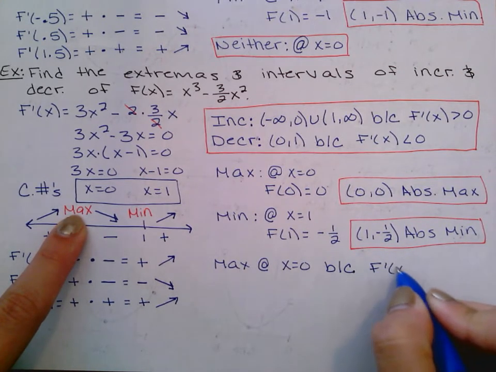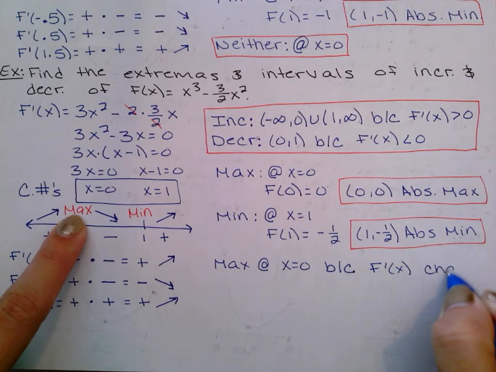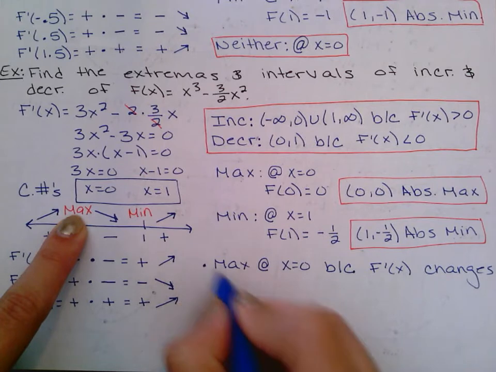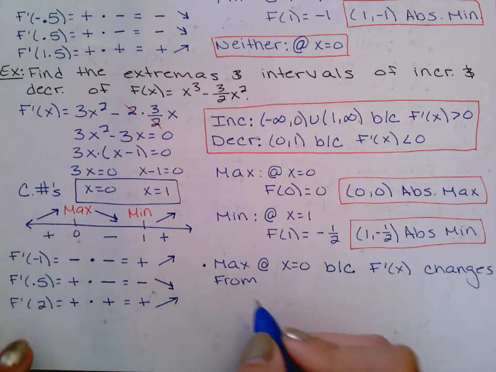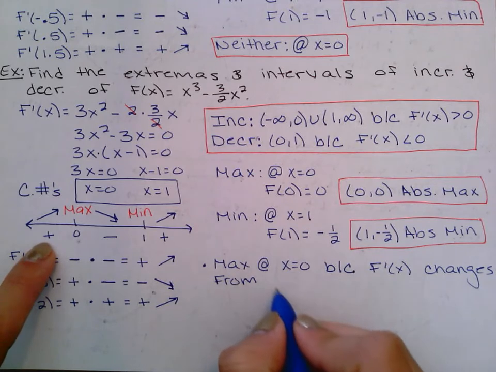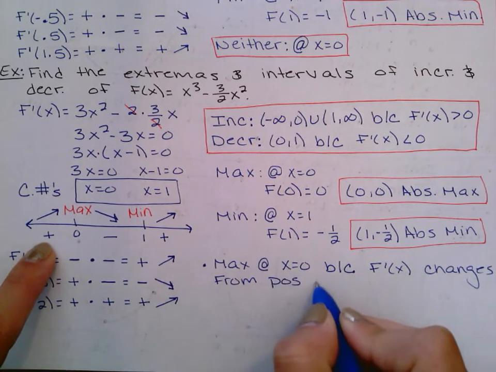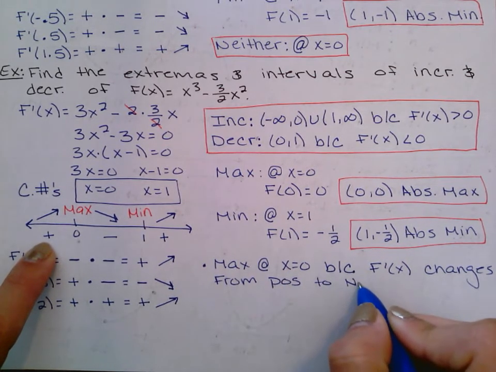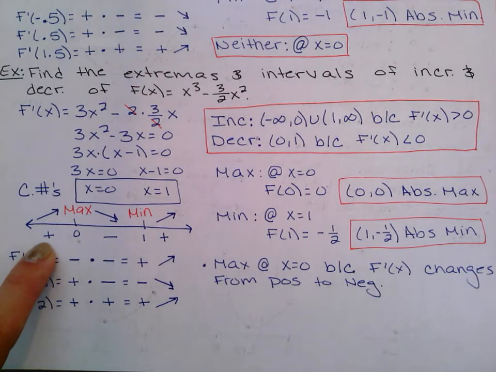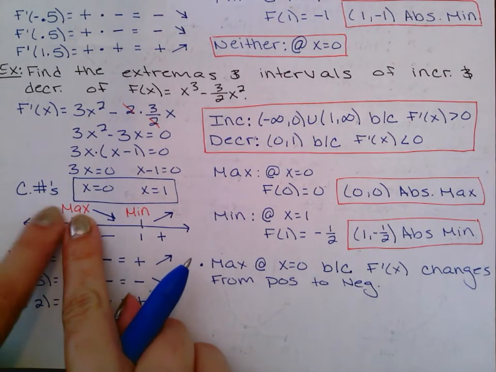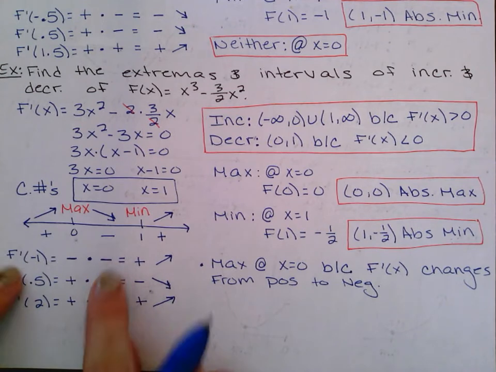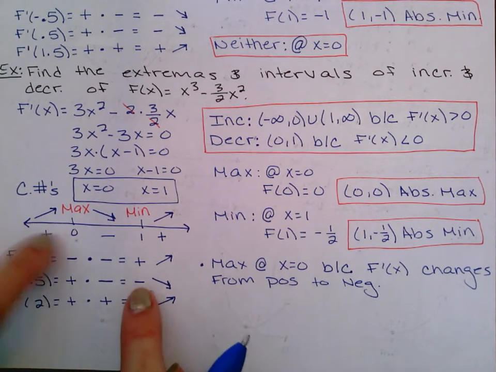F prime of x changes from positive to negative. Okay, so I found there was a max, increase to decrease, because my derivatives changed from positive to negative.